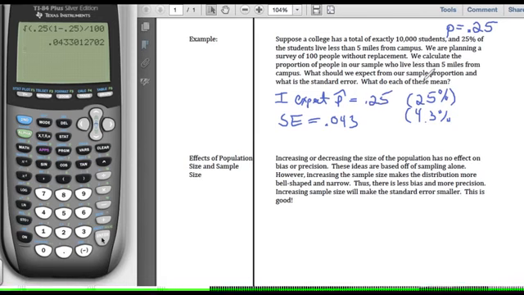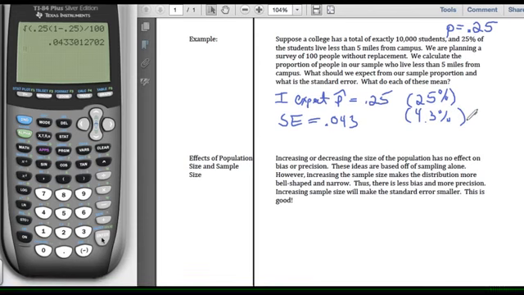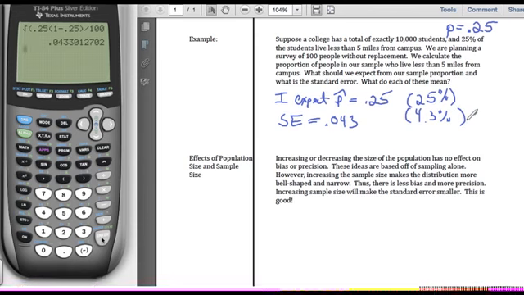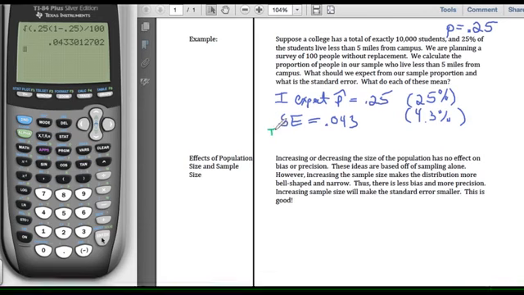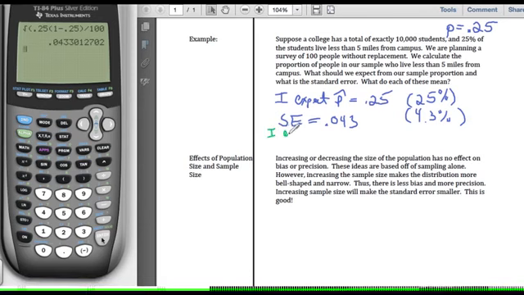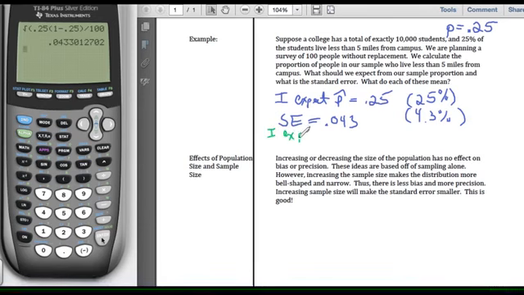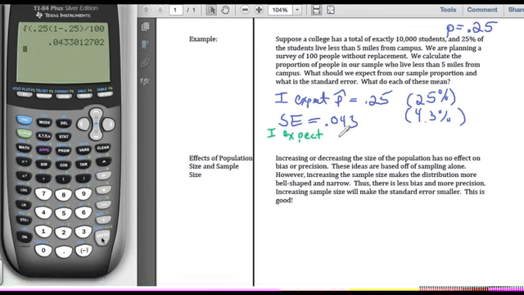Now, we've got these numbers calculated, but what do these mean? What does this tell me? I can say I expect P hat to be 0.25.